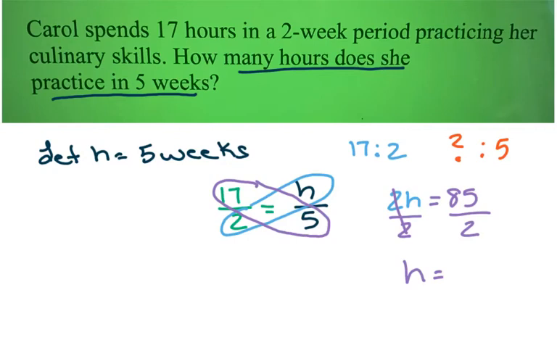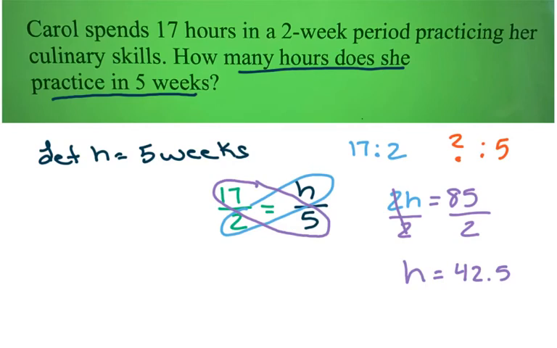And it would be 42.5. So she would spend 42 hours and 30 minutes. 0.5 is a half an hour. So that means that would be 30 minutes.